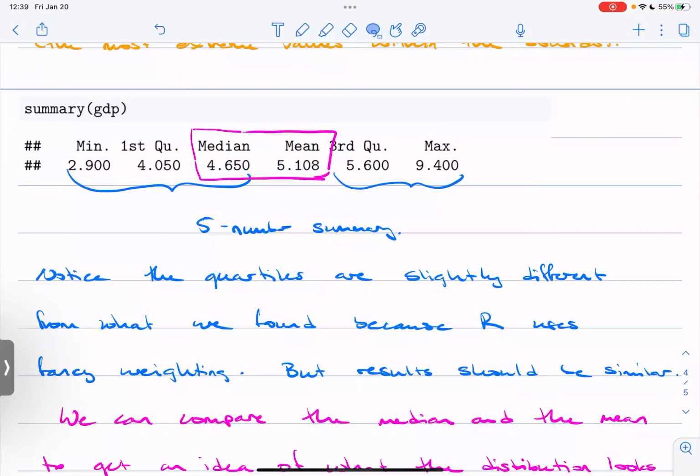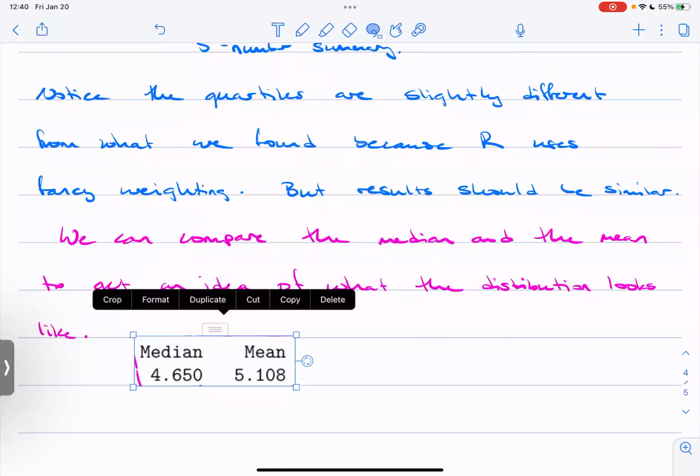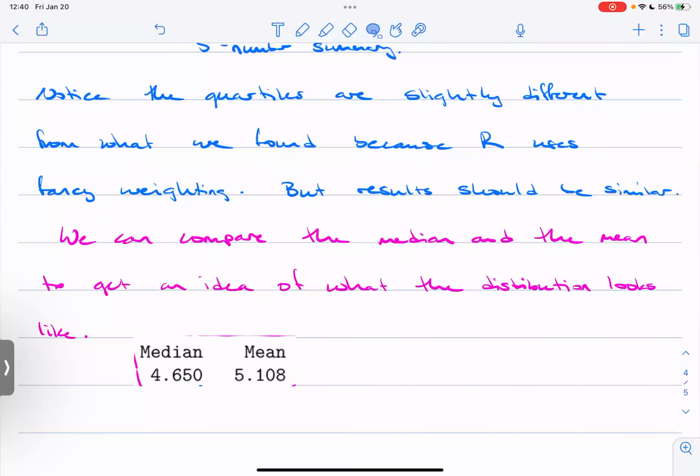I'm going to copy this. Okay. We've got a median of 4.65 and a mean of 5.108. Remembering how we use the median if I have non-normal data, because the mean is pulled in the direction of the tail, so it's pulled in the direction of outliers.